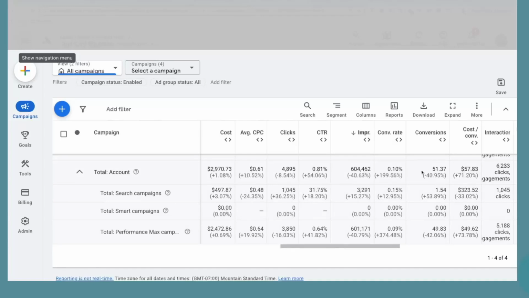They just don't really make sense. So we did see a pretty big drop in conversions, which did lead to a higher cost per conversion, but to see so much of a higher increase in conversion rate off of lower clicks and lower impressions, that's really just a function of the numbers.